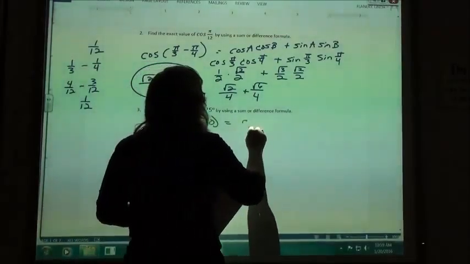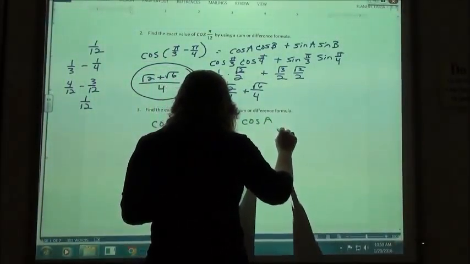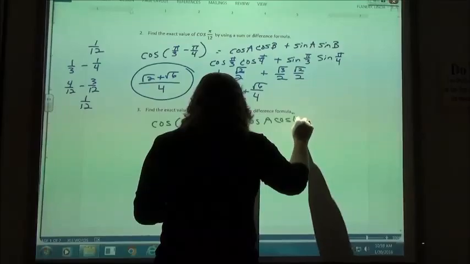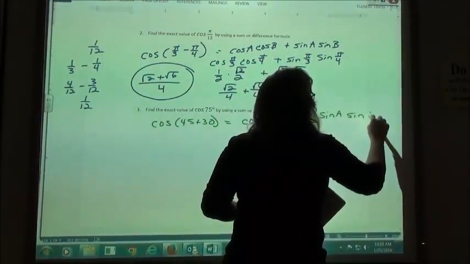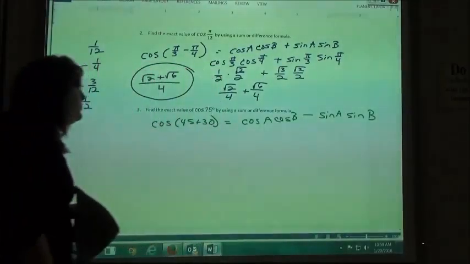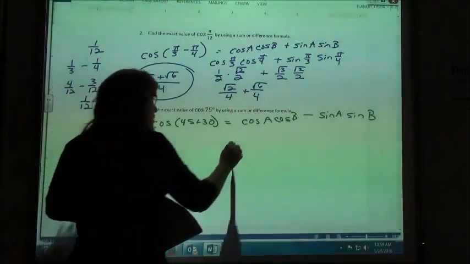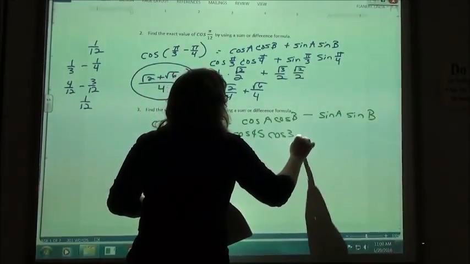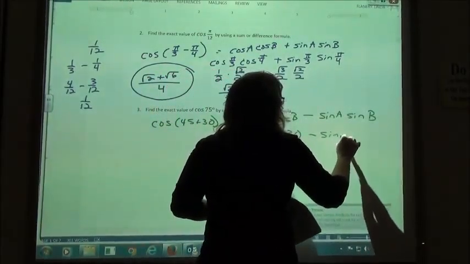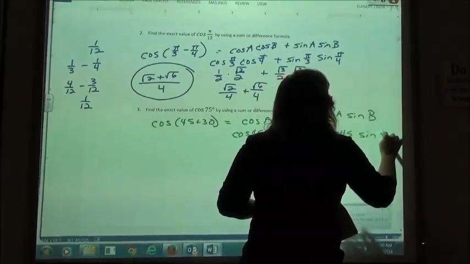So we're going to take the cosine of A, cosine of B, minus the sine of A, sine of B. And so, cosine of 45, cosine of 30, minus sine of 45, sine of 30.